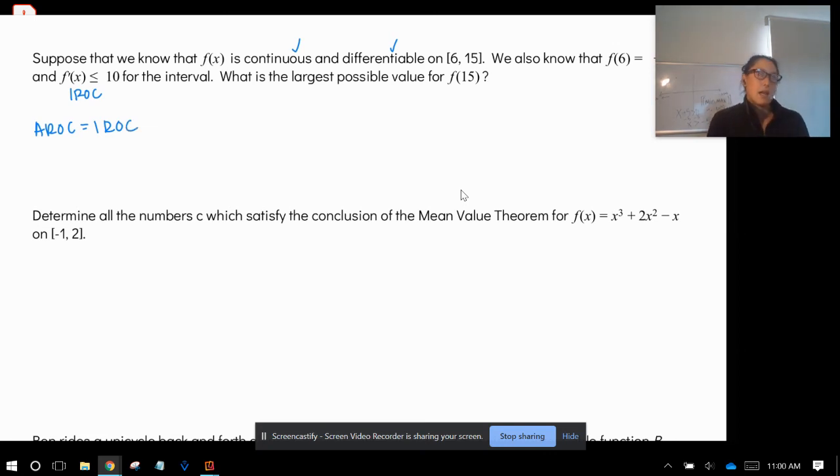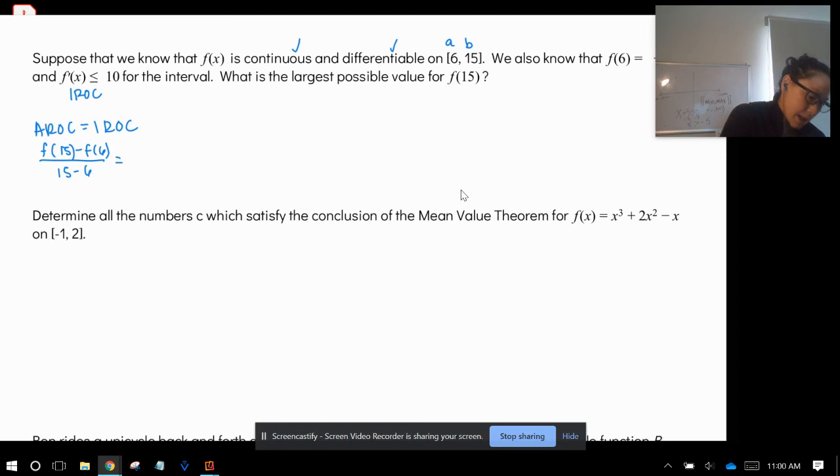So the average rate of change has to equal the instantaneous rate of change somewhere. So my interval is 6 and 15, my a and my b. For the average rate of change, that would be f of 15 minus f of 6 over 15 minus 6.